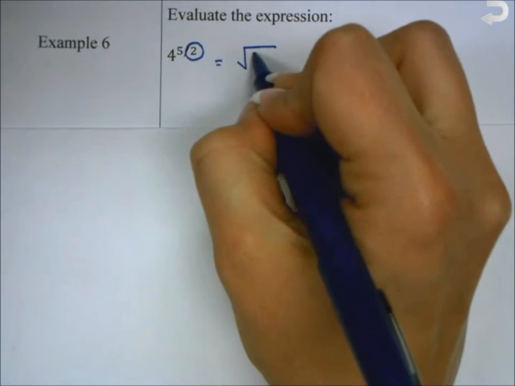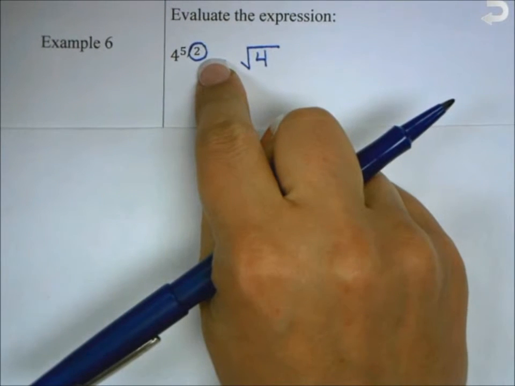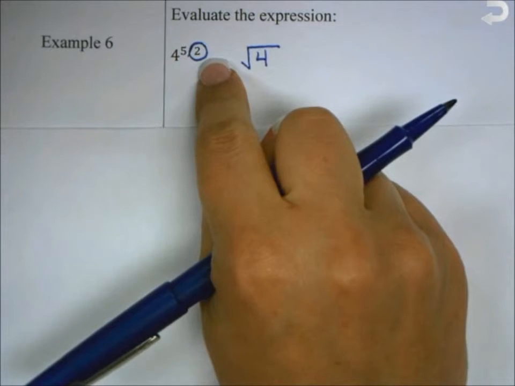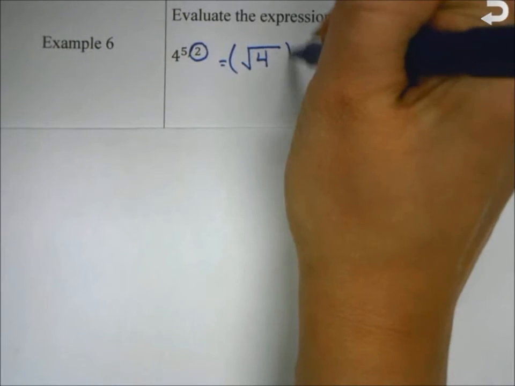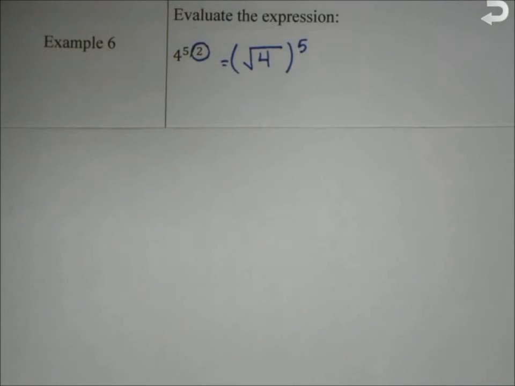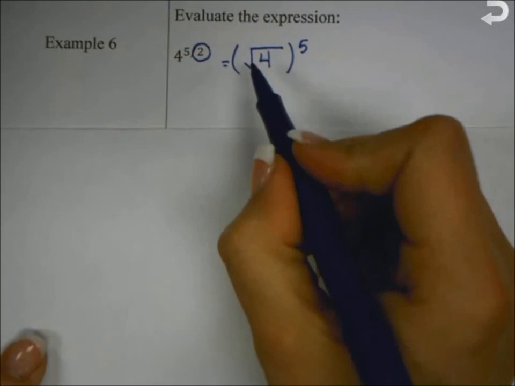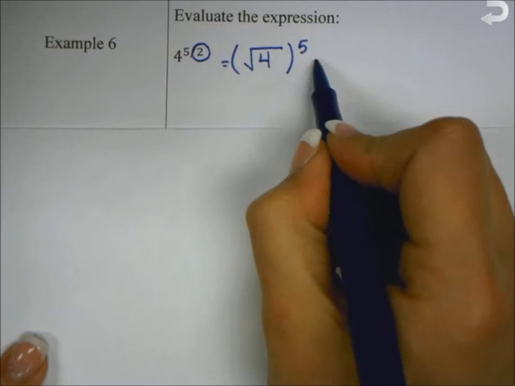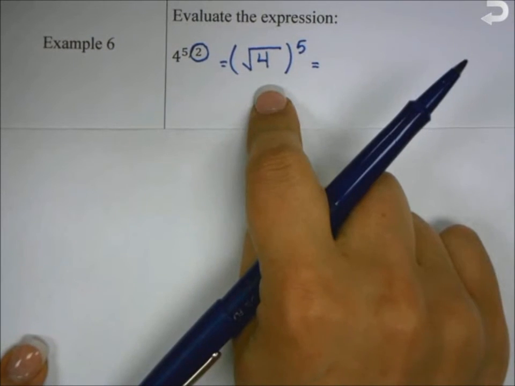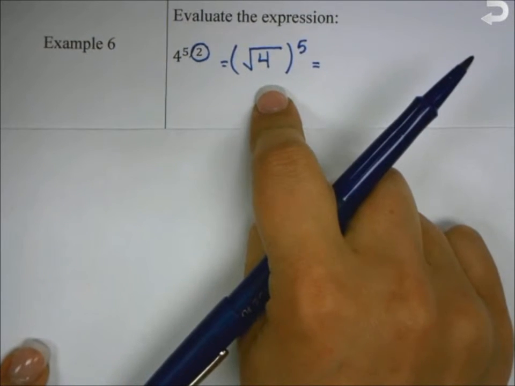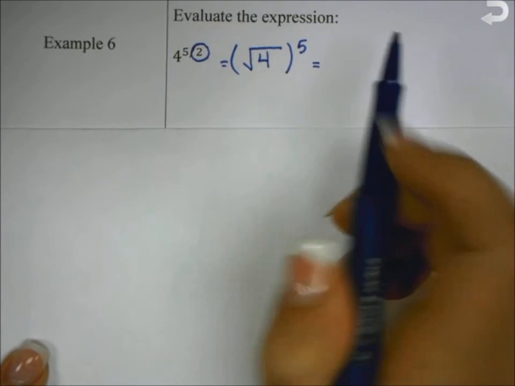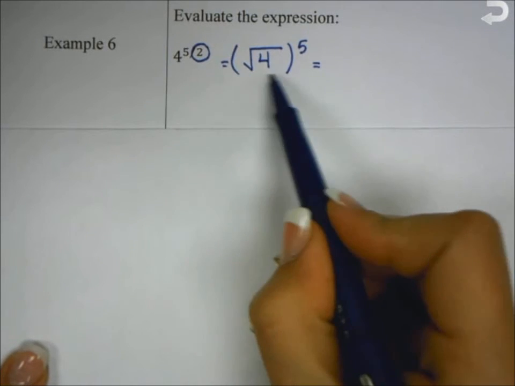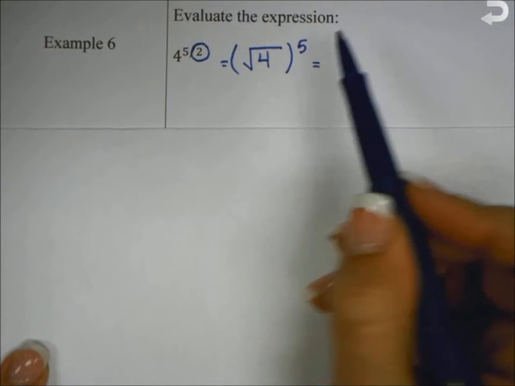Alright, so what we're saying here is we have the square root of 4, all of that to the 5th power, and then to simplify this, we just follow order of operations. So our first step in order of operations is parentheses, and inside of that parentheses, we have a square root of 4. So the square root of 4 is 2, and we raise that to the 5th power, and then 2 to the 5th power is 2 multiplied by itself 5 times, which is positive 32.